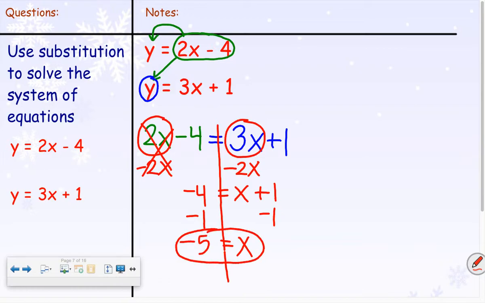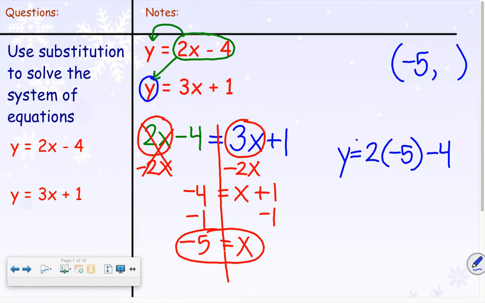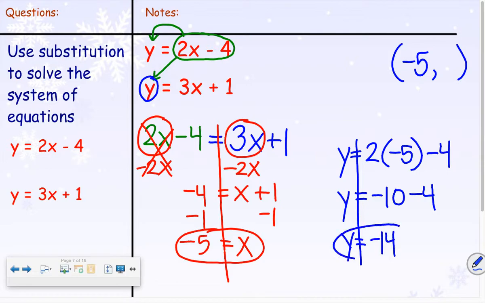Now, I can take my negative 5 and plug it back into my circle. So y equals 2 times negative 5 minus 4. So y equals negative 10 minus 4, negative 14. So these lines intersect at negative 5, negative 14.